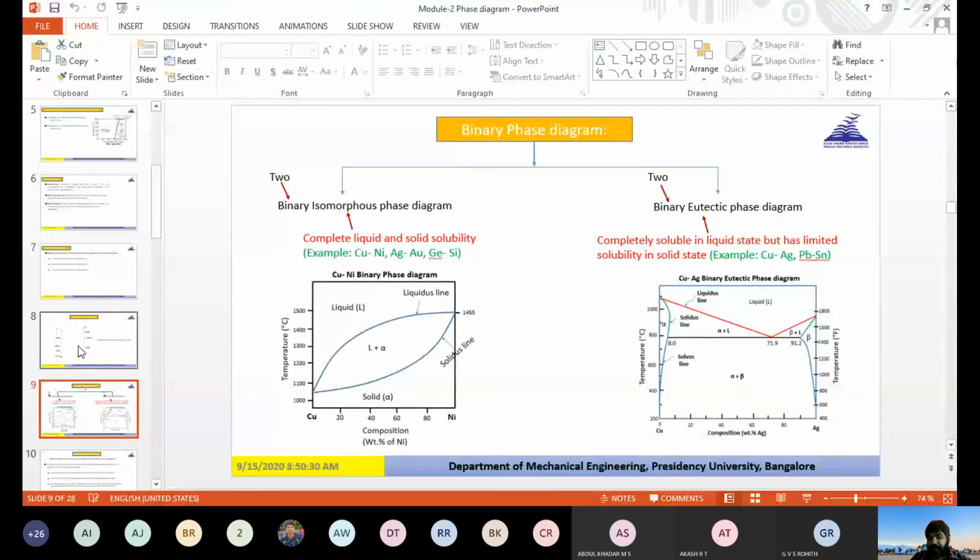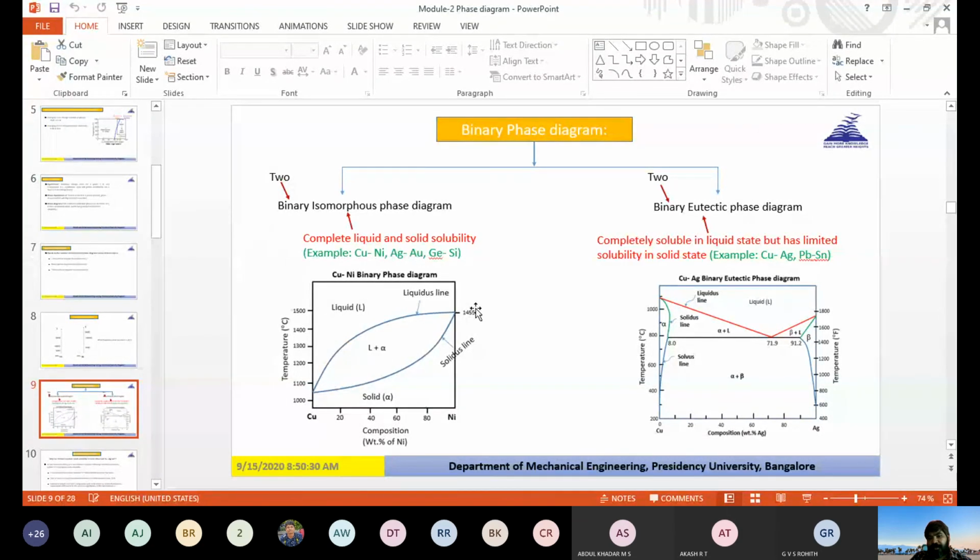In the binary phase diagram, we have two types. One is the isomorphous phase diagram, the other is the eutectic phase diagram. We call it an isomorphous phase diagram when the two components have liquid as well as solid solubility in each other, and it will look like this.